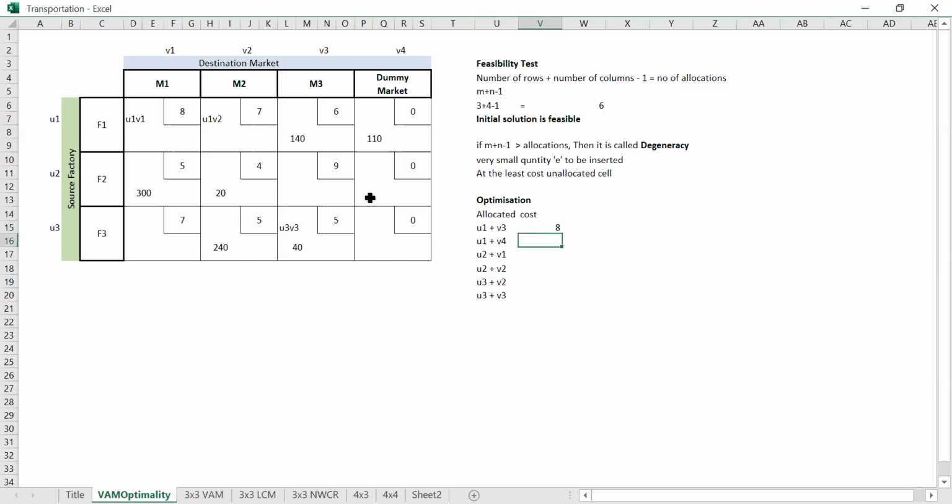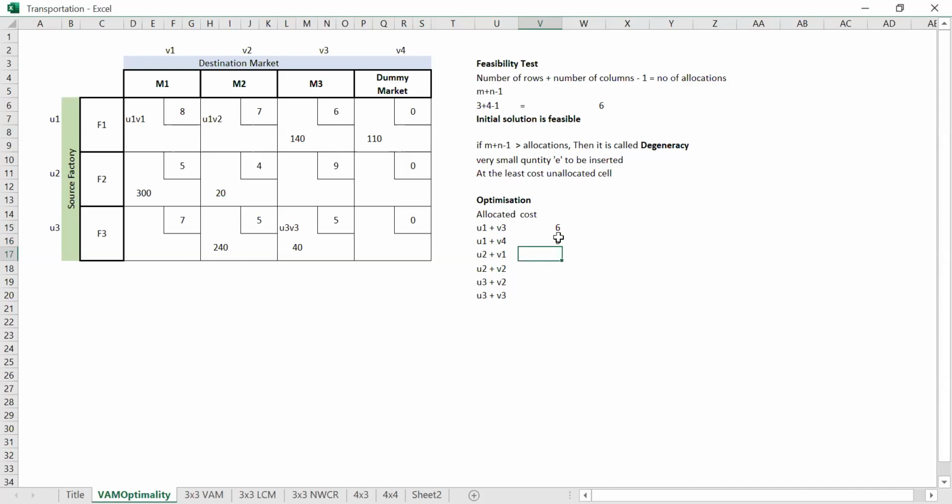U1, V1 is 6 per unit. U1, V3 is 6 per unit. U1, V4 is 0 per unit.